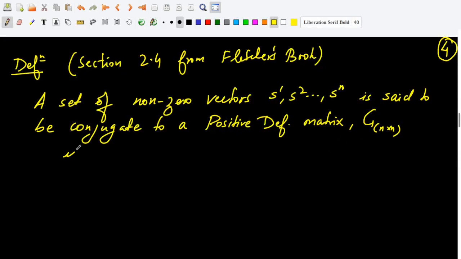If so, when do we say the set is conjugate? If Si transpose G Sj equal to 0 for all i, j, i not equal to j.